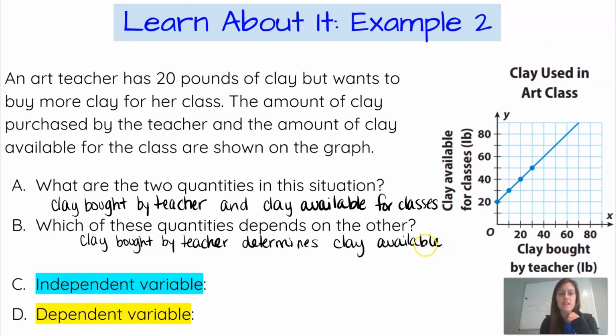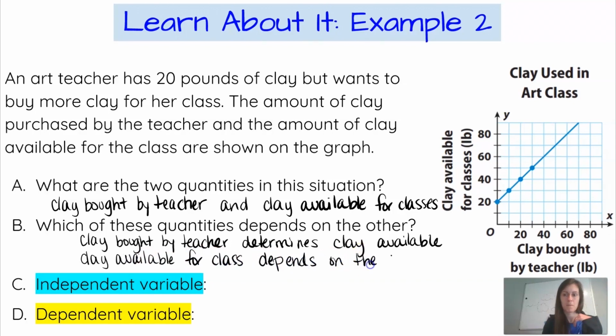So the first thing that I'll write is that the clay bought by the teacher determines the clay that's available for her classes. And I'll also write that the clay available for the class depends on the clay that's bought by the teacher.